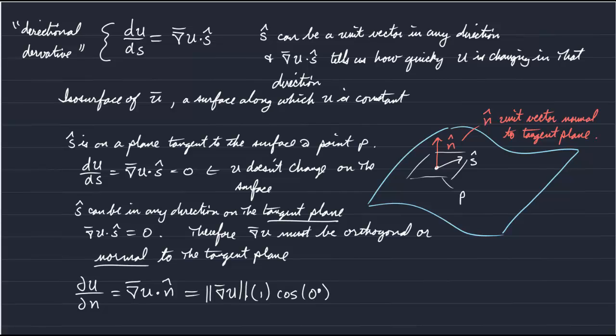Because they're both perpendicular to the tangent plane. So this tells us the magnitude of the gradient of u.